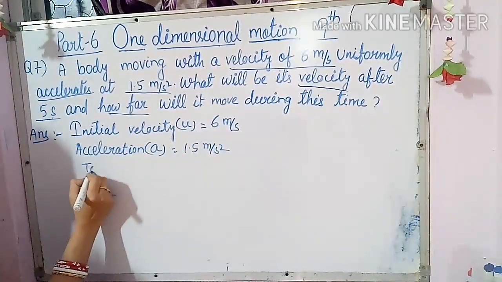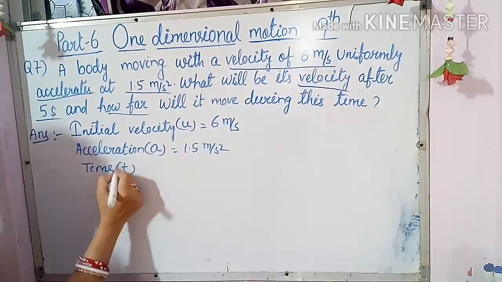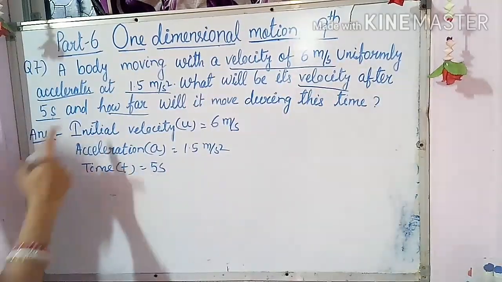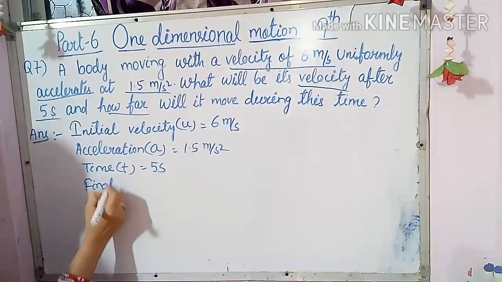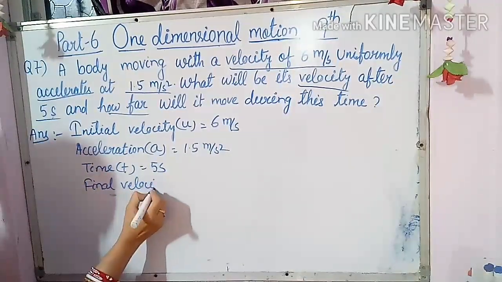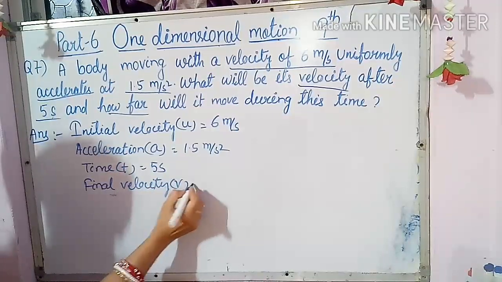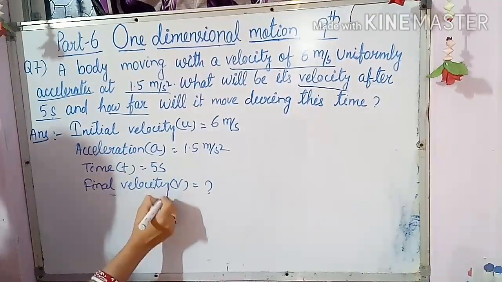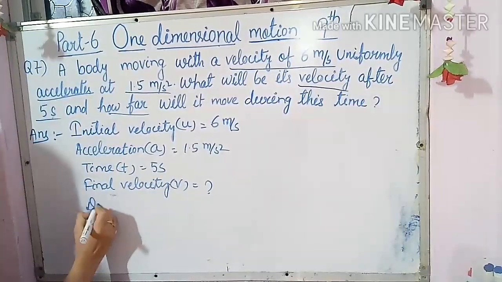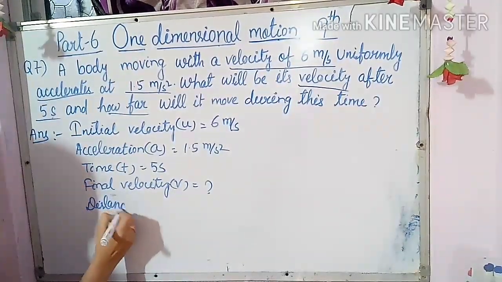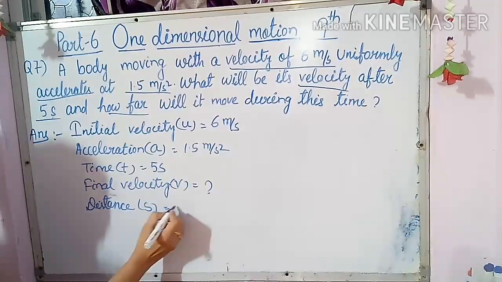Time t equal to 5 seconds. Now what is asked? Final velocity v is a question mark. Another is also a question mark: how far means distance, s equal to question mark.